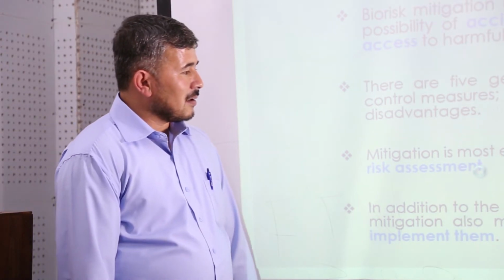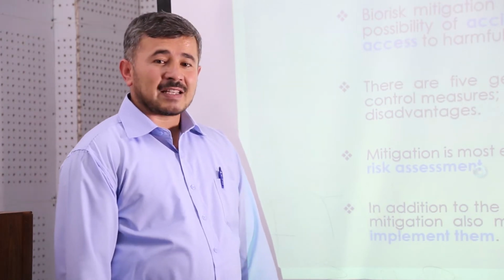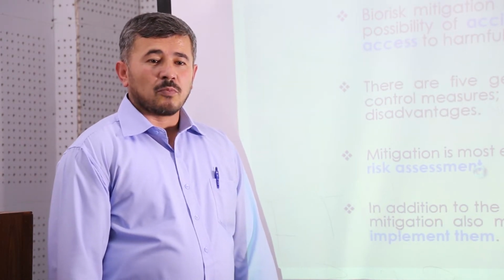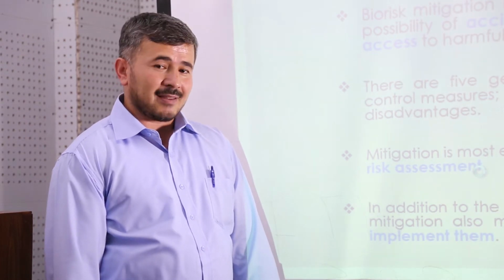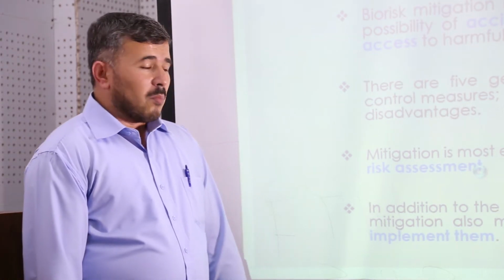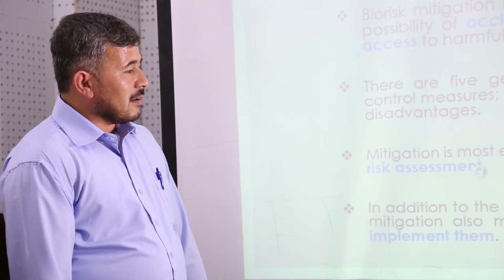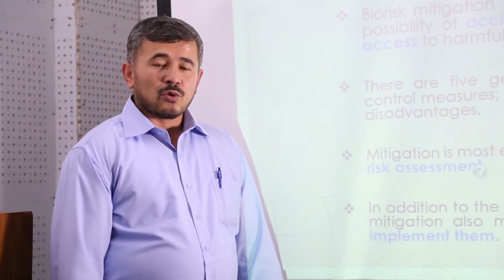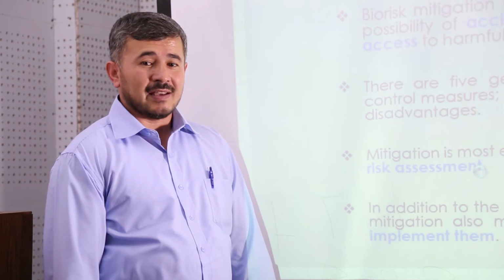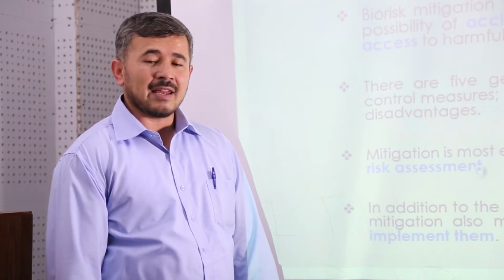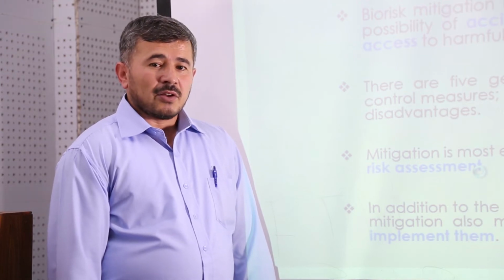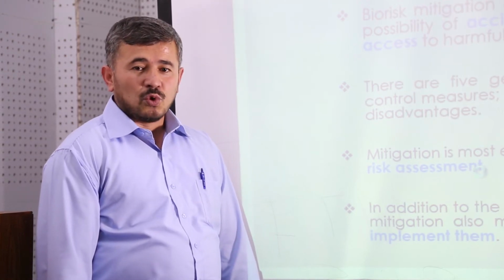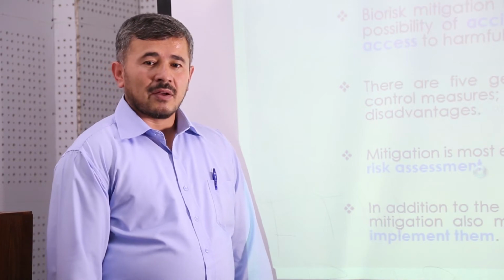Meanwhile, the effectiveness of risk mitigation could be affected by the ability to implement these strategies in the lab or any health facility. So what does it mean? First of all, we have to do the risk assessment.